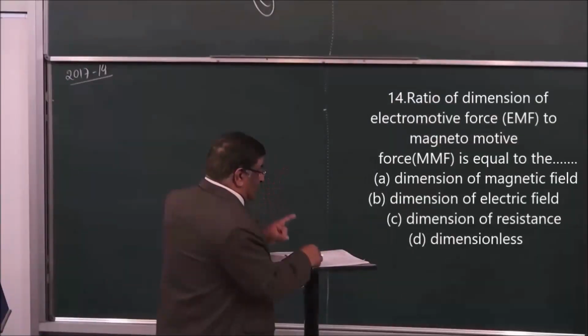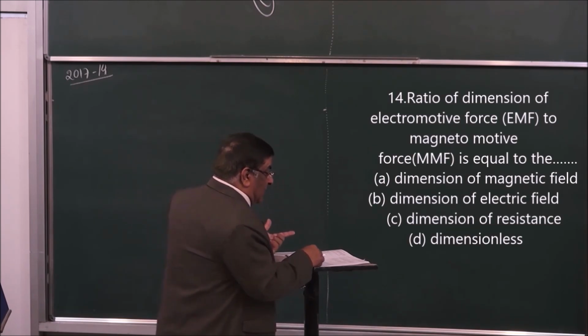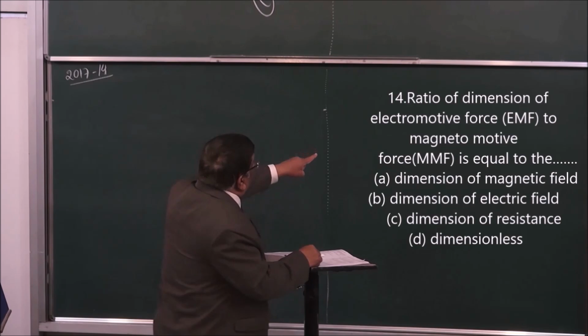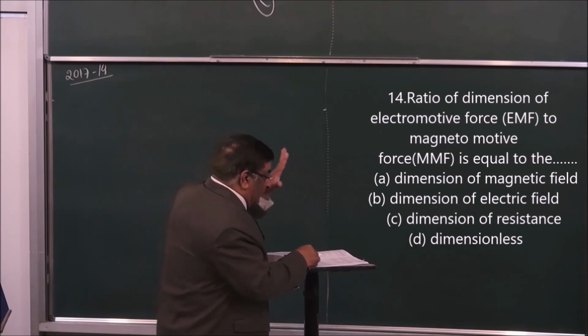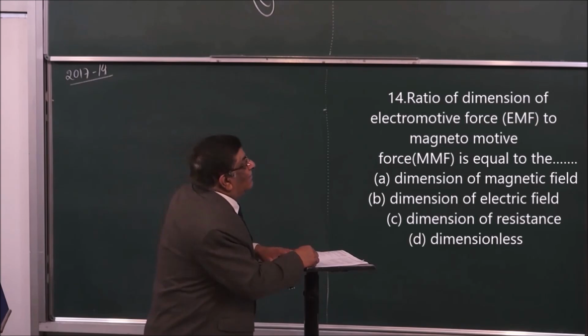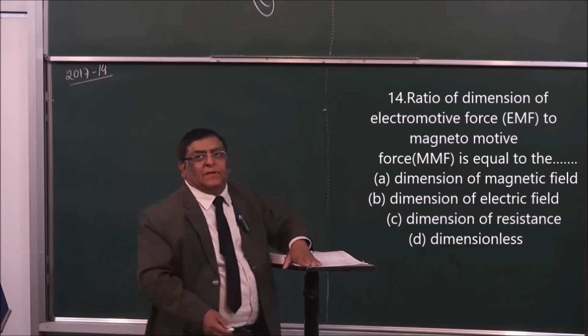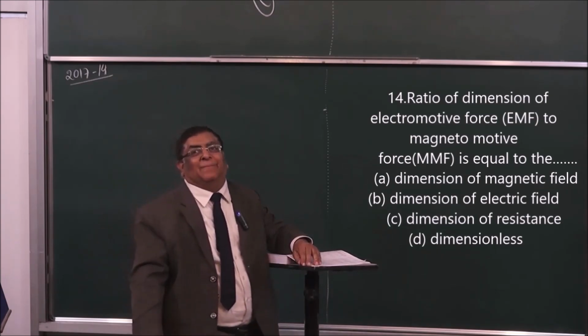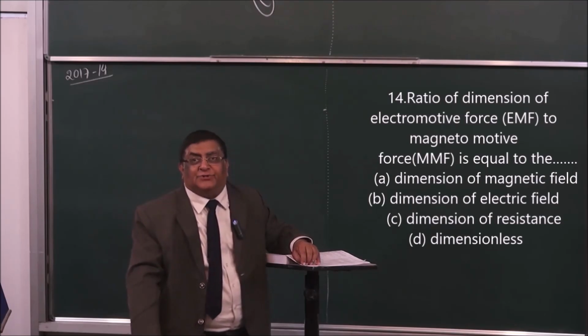Ratio of dimensions of electromotive force to magnetomotive force is equal to option 1, 2, 3 and 4. We have to find out. Okay. Now, what is this electromotive force and magnetomotive force? Electromotive force, EMF, voltage.